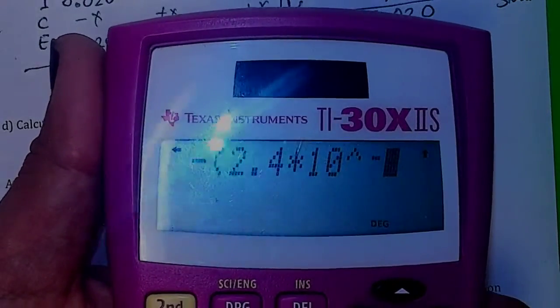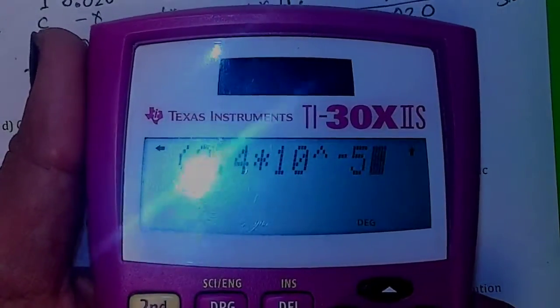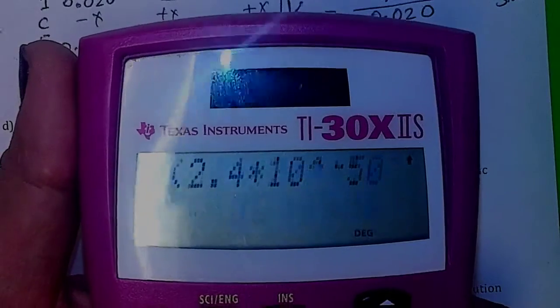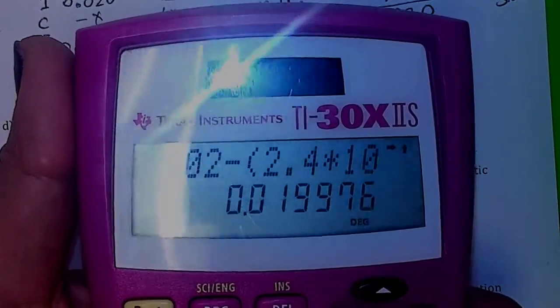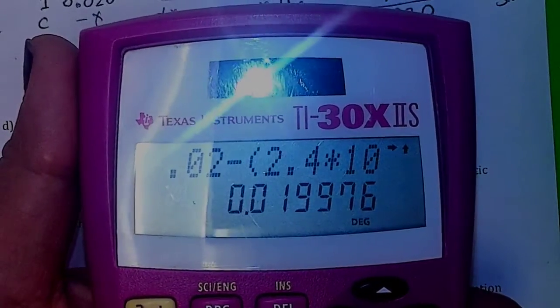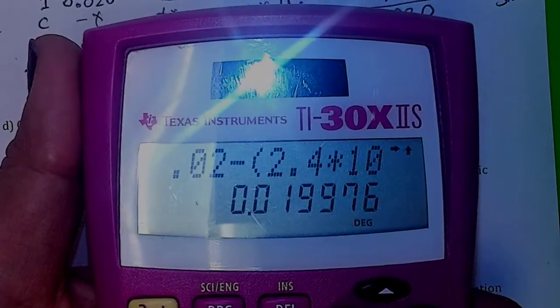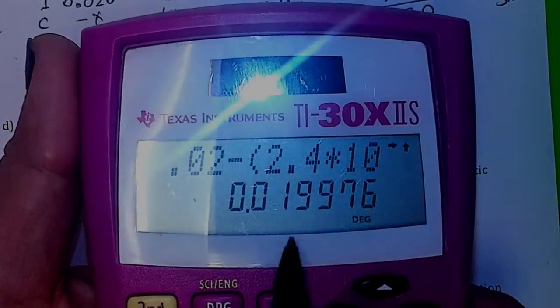What do you think you're going to get? Essentially 0.02. You guys see that? It's close enough.